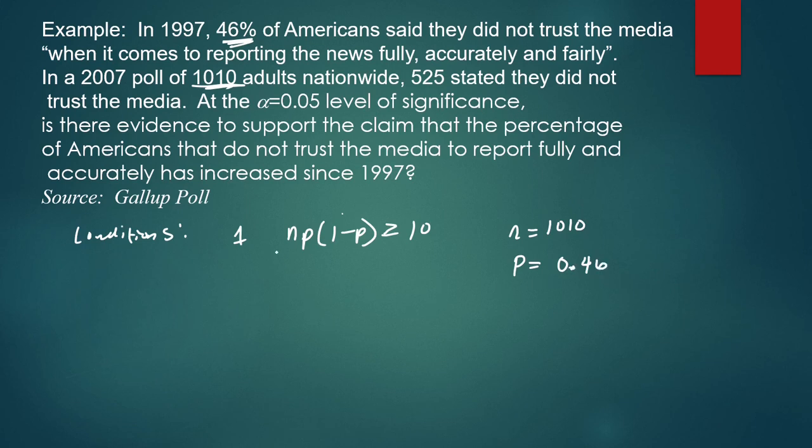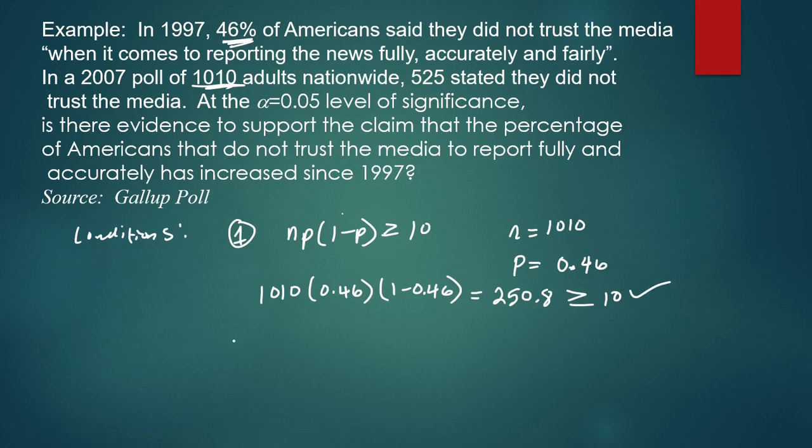Now we'll check if the condition is met. We'll plug in the value 1010 times 0.46 times the quantity 1 minus 0.46 equals 250.8, and that's clearly greater than or equal to 10. So the first condition is met.